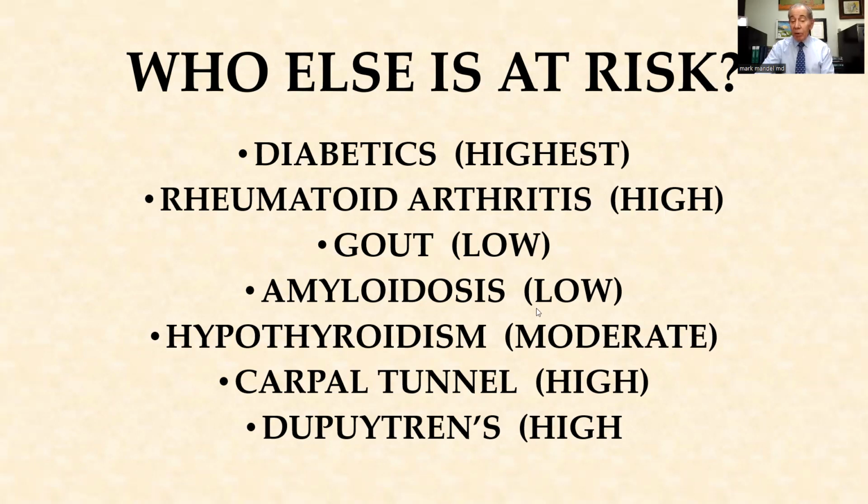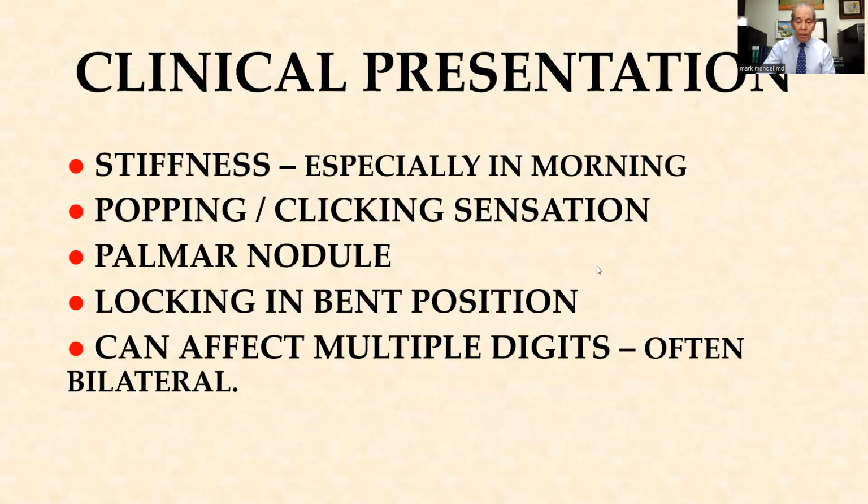It's been reported in gout and amyloidosis, but relatively low, moderate in thyroid disease, very high in patients who have an associated carpal tunnel, and very high in people who have Dupuytren's. Dupuytren's, I might add, is a 100% non-industrial condition, not caused nor aggravated by one's industrial exposure.